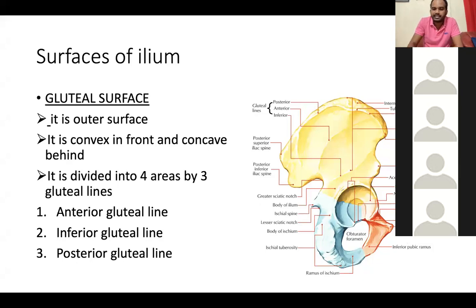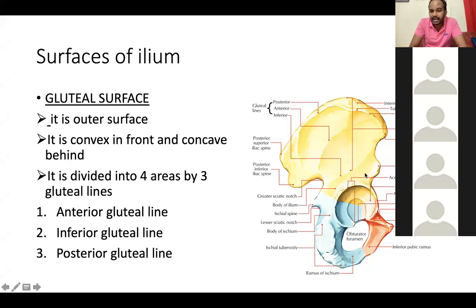Very good. And this is the anterior inferior iliac spine, this one. So from the anterior inferior iliac spine, you are seeing the straight head of rectus femoris muscle will take origin.